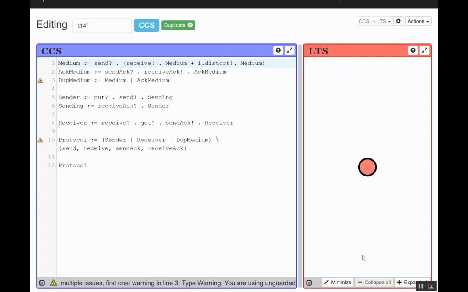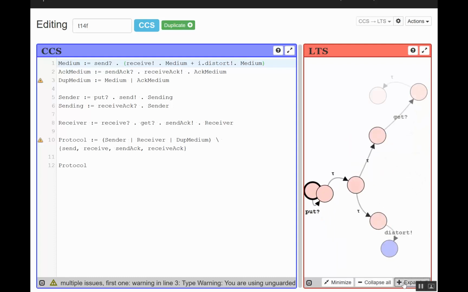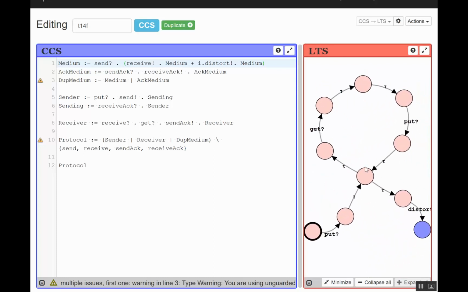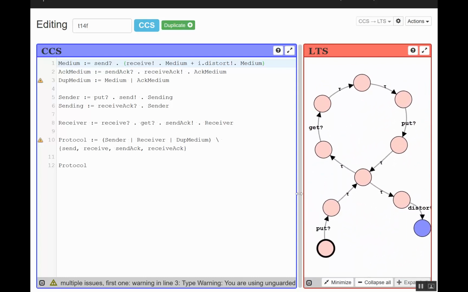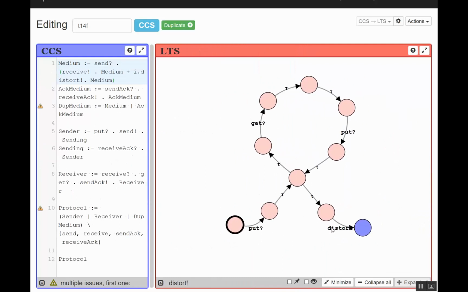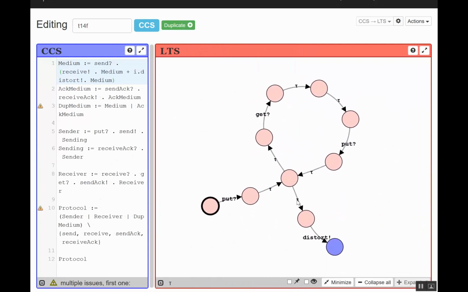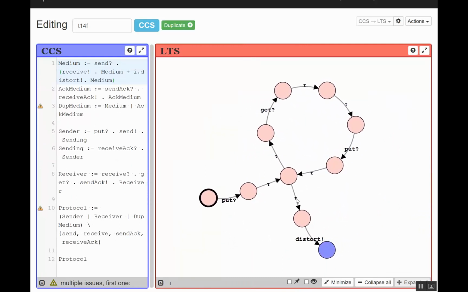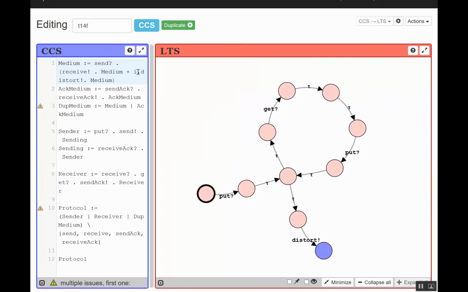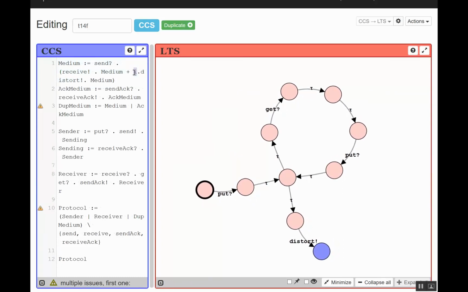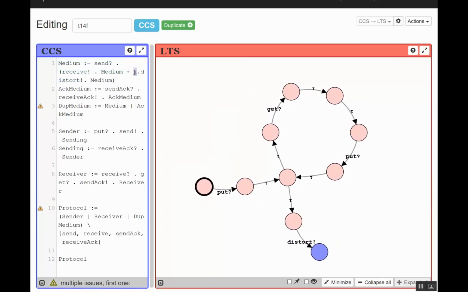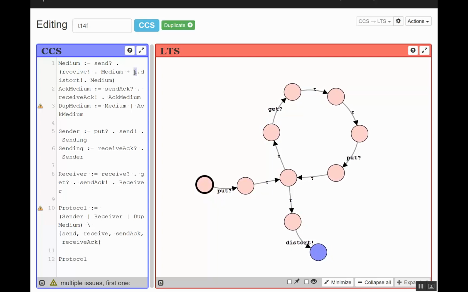And if you want, we can also explore the semantics, and we will see that once the message gets lost, which is over there, once the message gets lost here, this is the I. I'm sorry, I should say that. The I is our way of writing tau, because we are too lazy to write tau on a keyboard. We write I for tau. And the I then internally turns into a tau. And this is the I where then the distort happens and then things are lost.